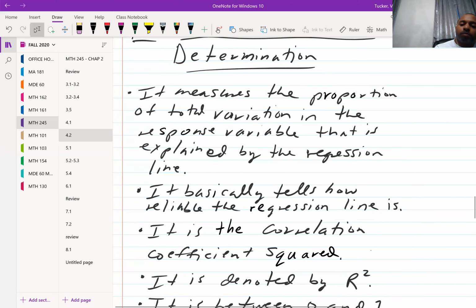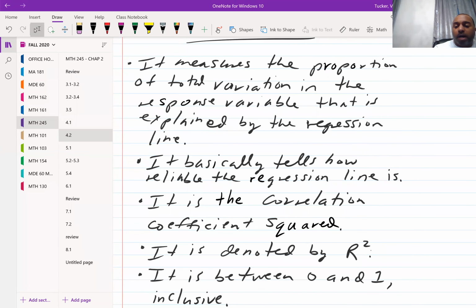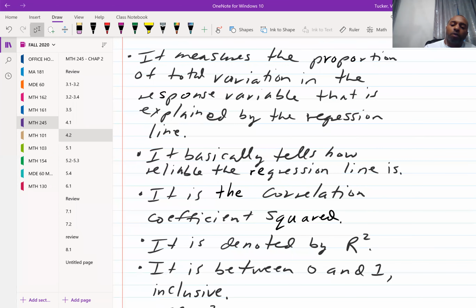It's denoted by capital R squared. It is between 0 and 1 inclusive.